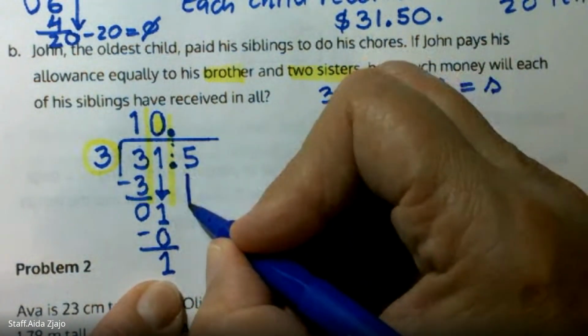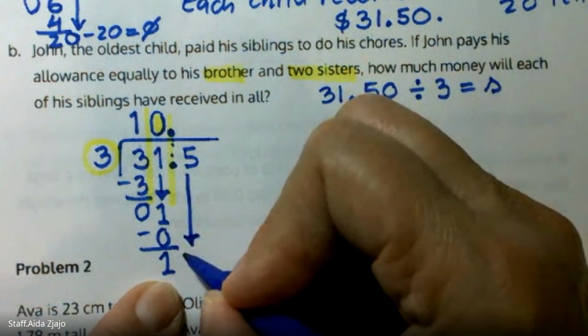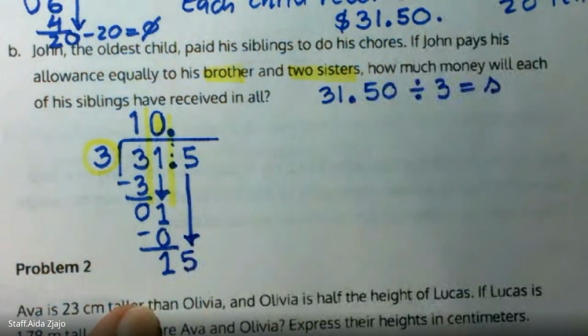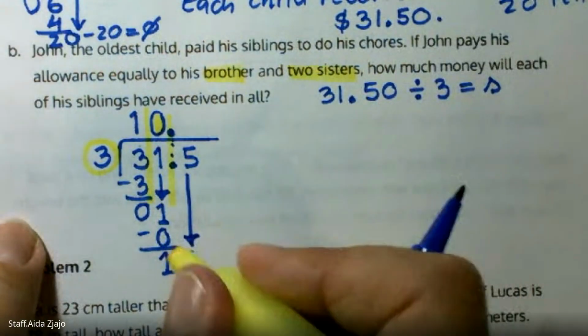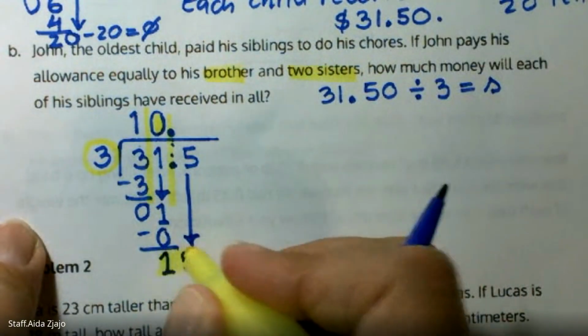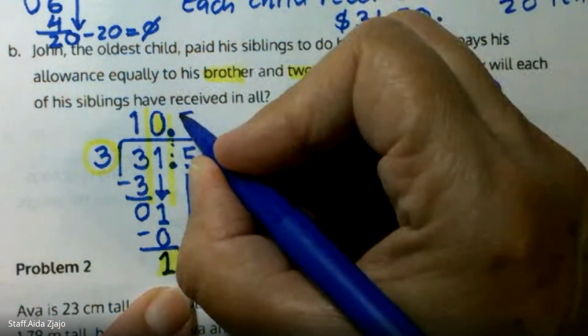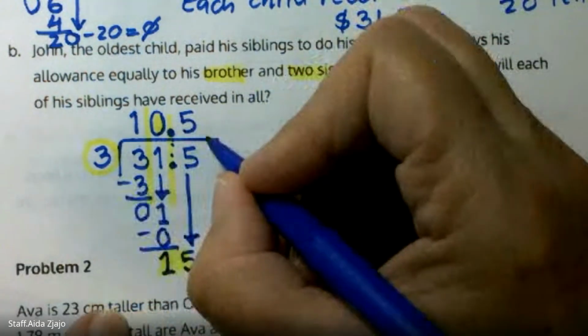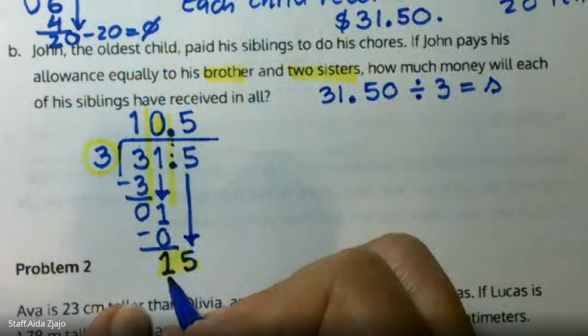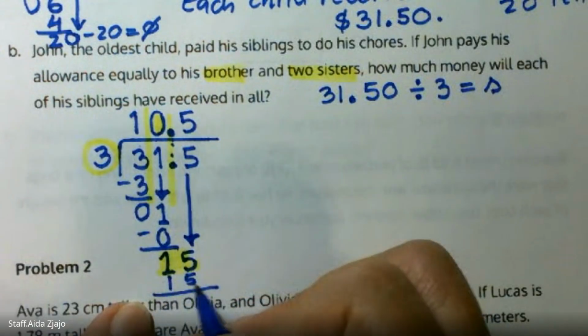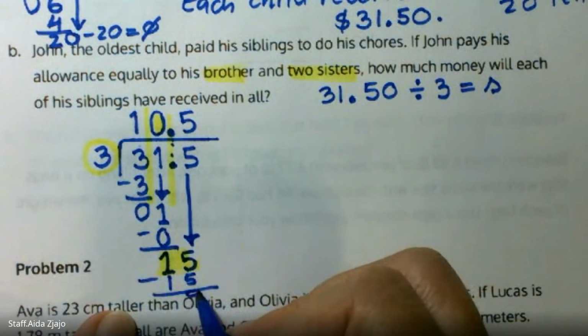So now you are allowed to bring down the 5, and you think about having 15 dimes, and he could give each 5 dimes. So 5 times 3 is 15, and then he will not have anything left.